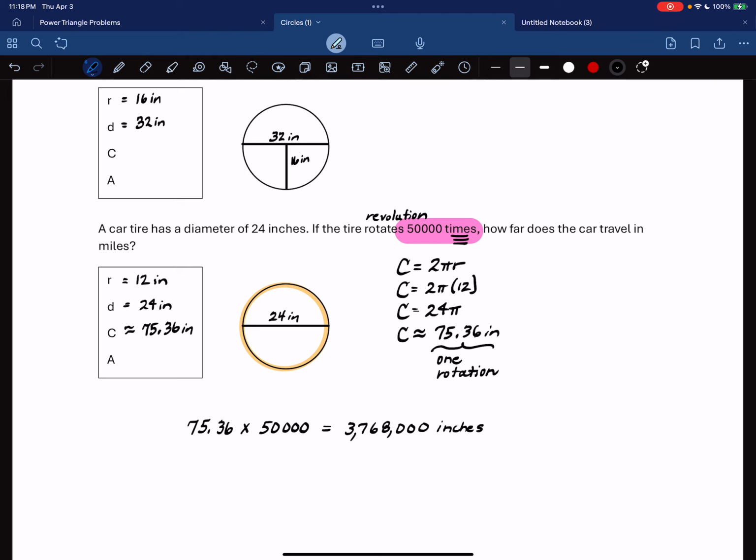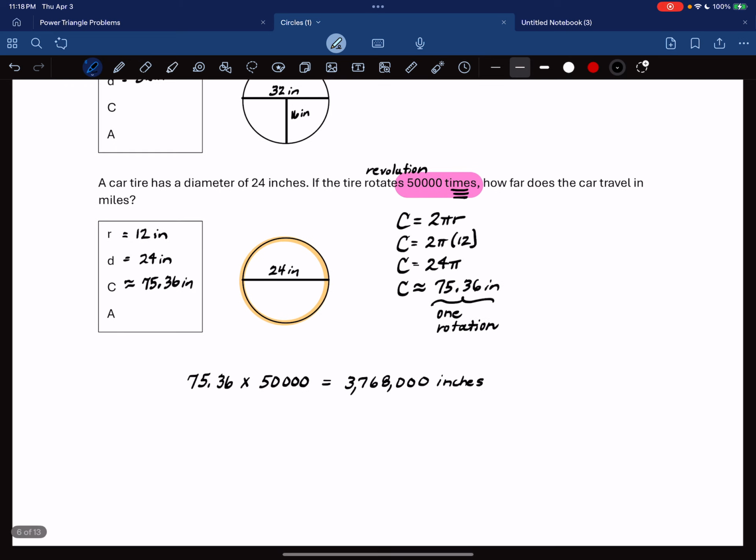Now, if you know the number of inches in a mile, which I do not, you could do that if you knew that, but I don't. So I'm going to do a little bit of stepping up to my answer. The first thing I'm going to do is convert inches to feet. So I know that 1 foot is equivalent to 12 inches. So I'm going to bring this ginormous number right down here. That's inches.